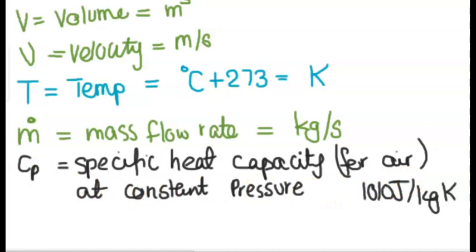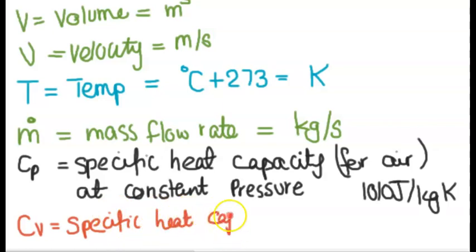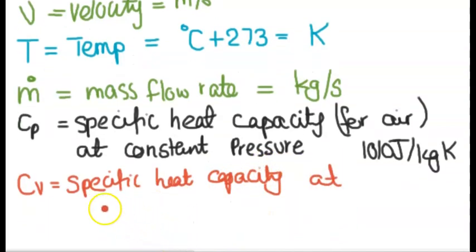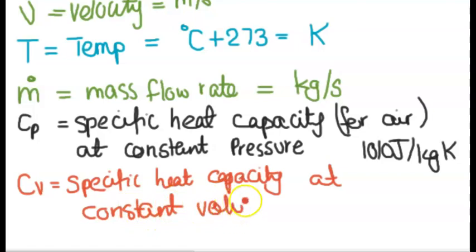Then we have a Cv as well, which is specific heat capacity at constant volume.